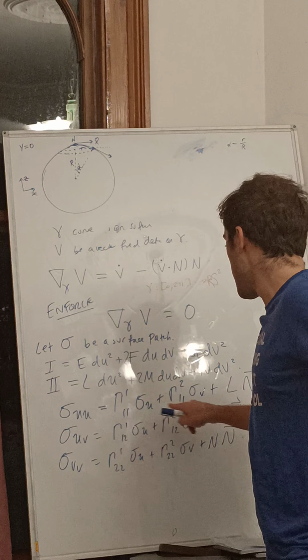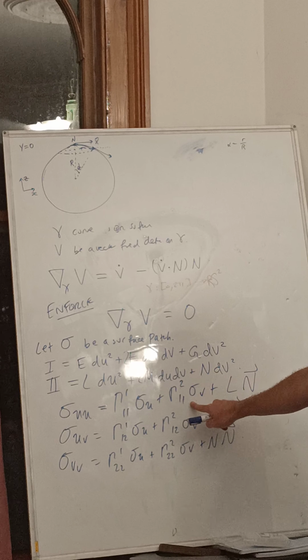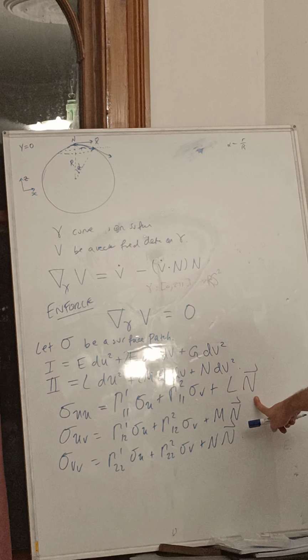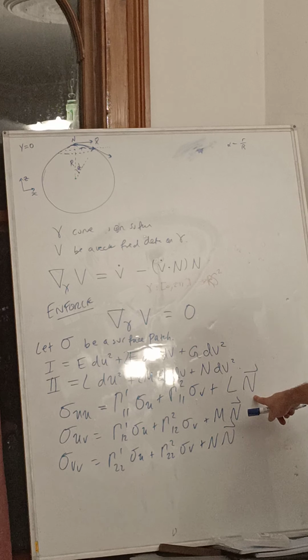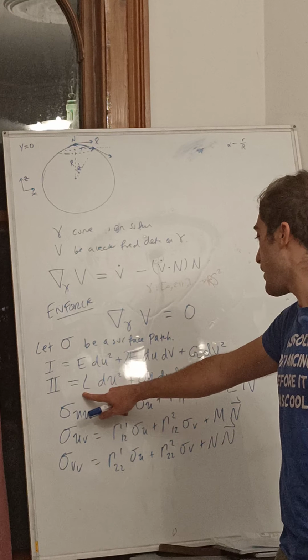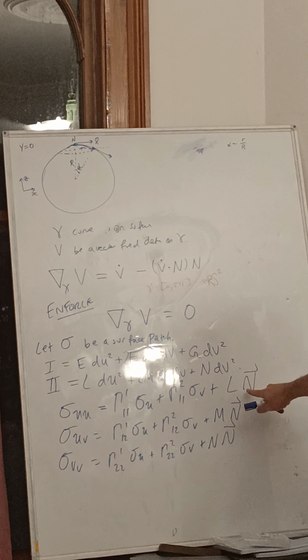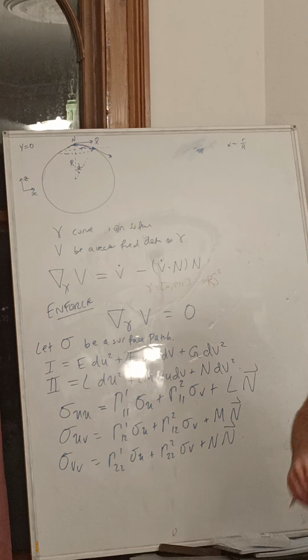The coefficients right here are on the tangent space, and then this is the normal part. And we can show that L is nothing but the second derivative of the surface patch dotted with N, and similarly for the other coefficients there.